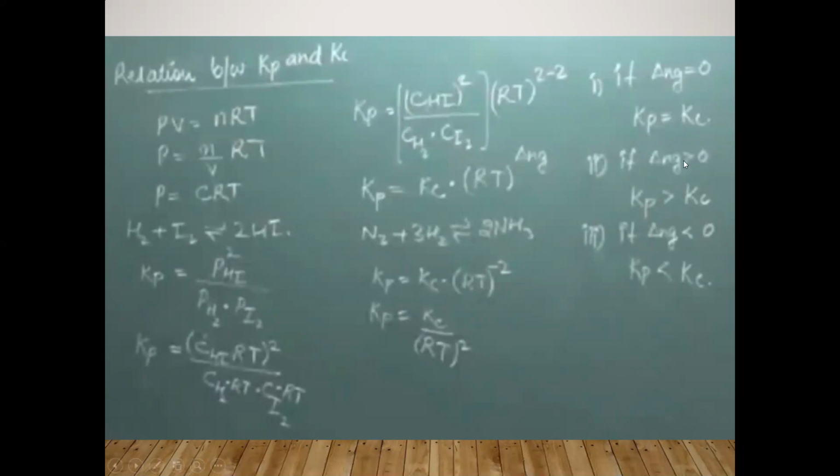If delta Ng is more than 0, meaning the value of delta Ng is positive, then what will happen? Suppose delta Ng is 1, then Kp is equivalent to Kc multiplied by the value of RT.